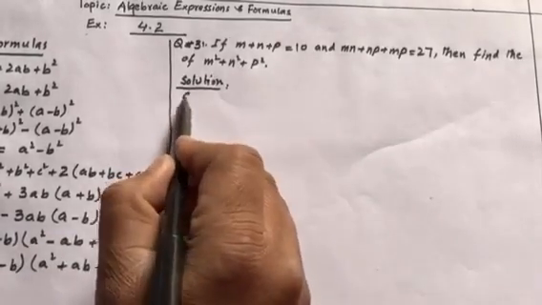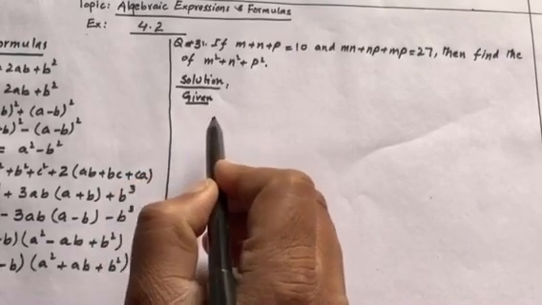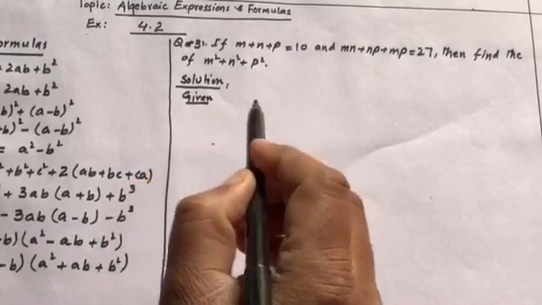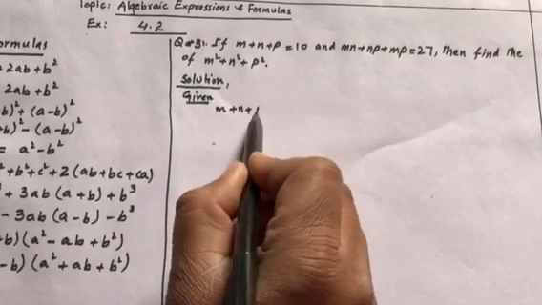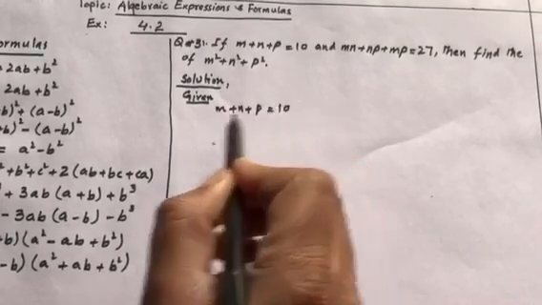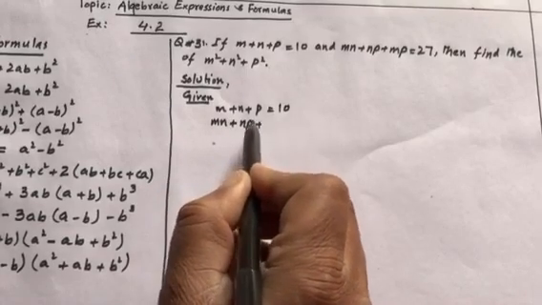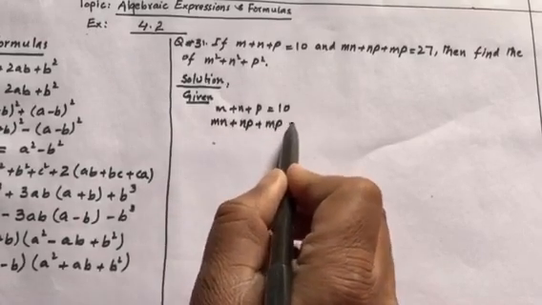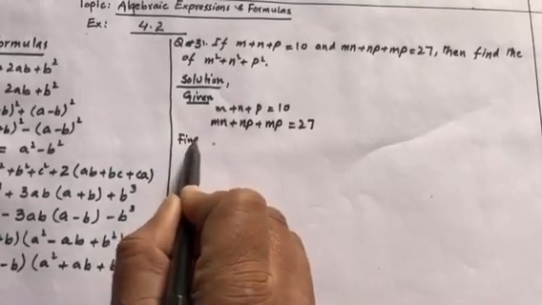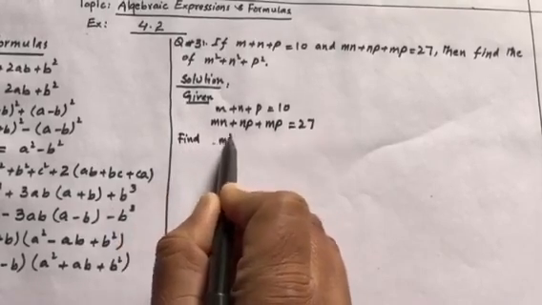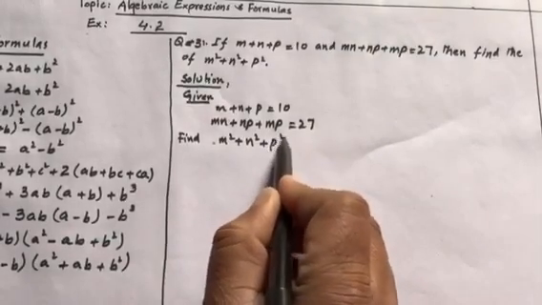So in solution we will write the given which are given in the statement of question number 3. m plus n plus p is equal to 10 and mn plus np plus mp is equal to 27, and we have to find m square plus n square plus p square.